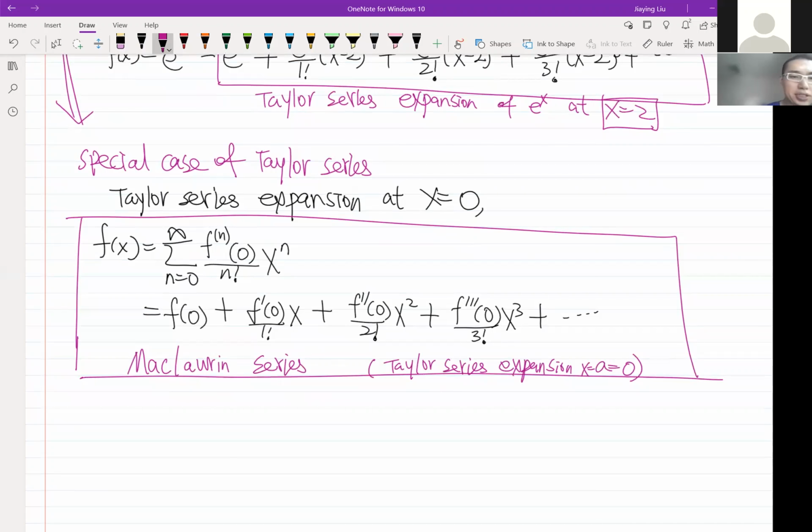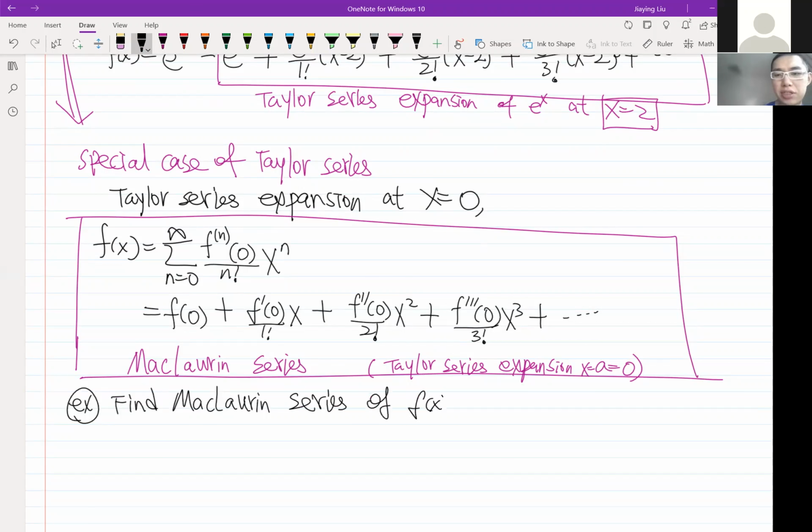So here's an exercise, which is find the Maclaurin series of f of x equals e to the x.